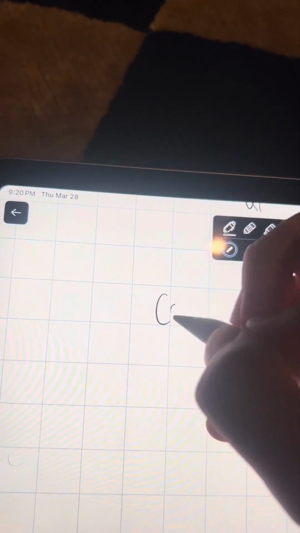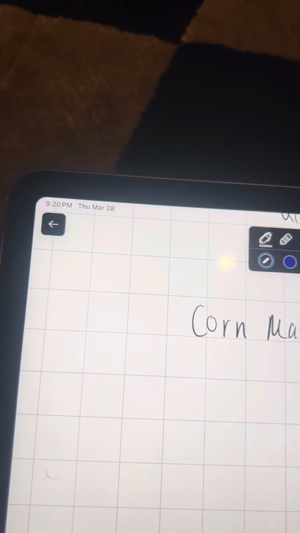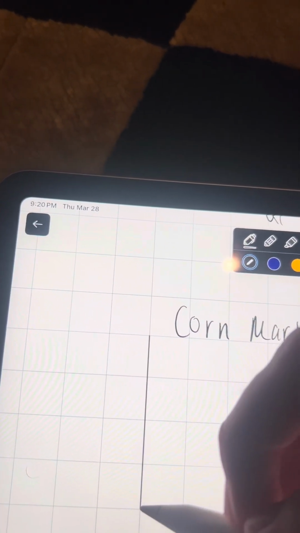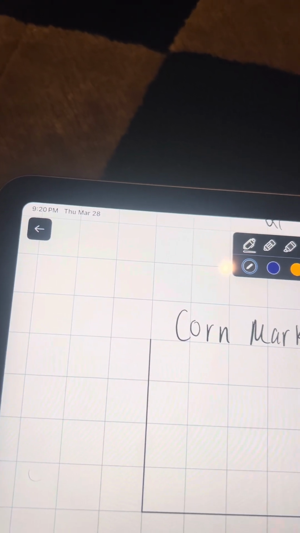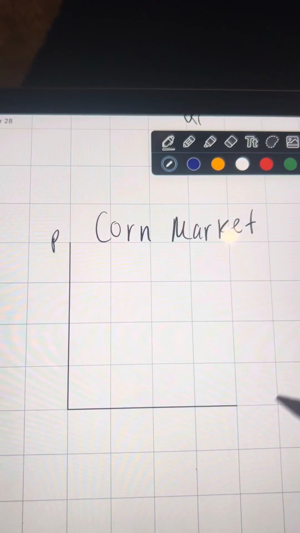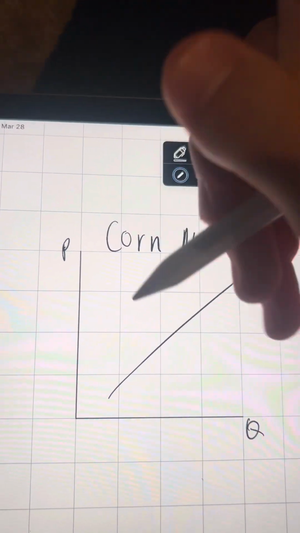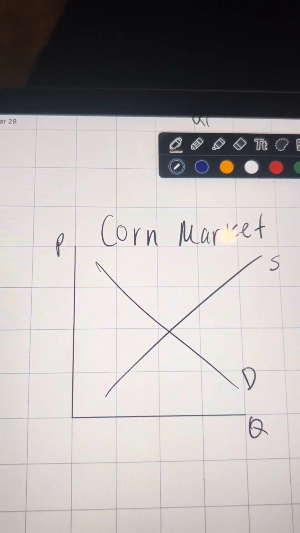So we're going to draw our corn market graph. It's going to start off basically the exact same as it was before. So price, quantity, supply, demand.